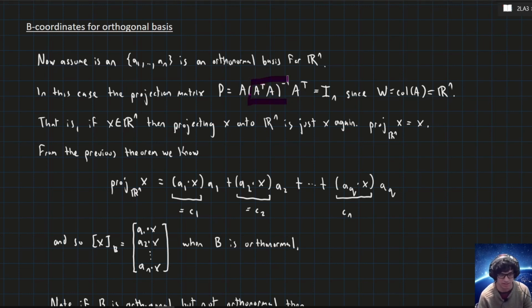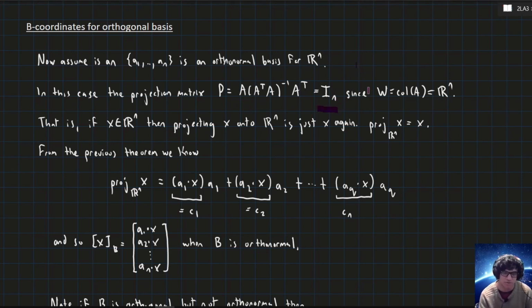We know that's going to be the identity. And then A times A transpose. Since the A's are orthonormal, the matrix A is going to be an orthogonal matrix. In this case, A will be an n by n matrix, and it will be orthogonal because all its columns are orthonormal. So we're just left with A times A transpose, and we know for orthogonal matrices, that equals the identity.